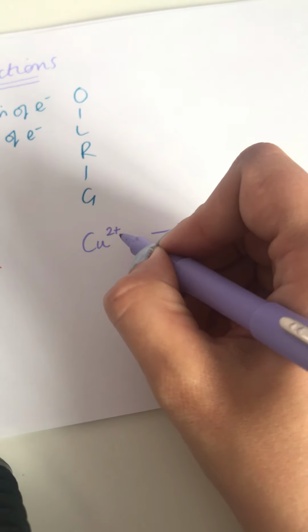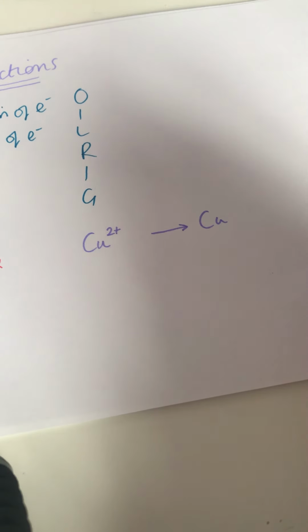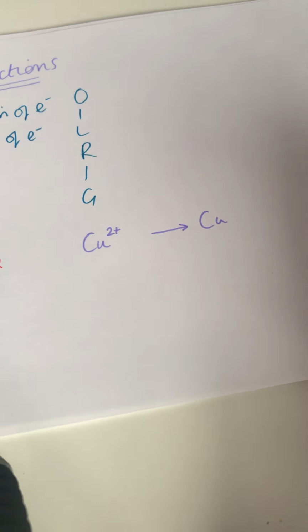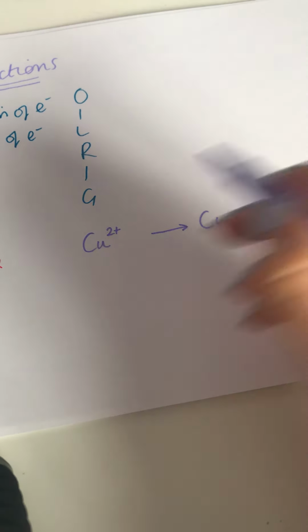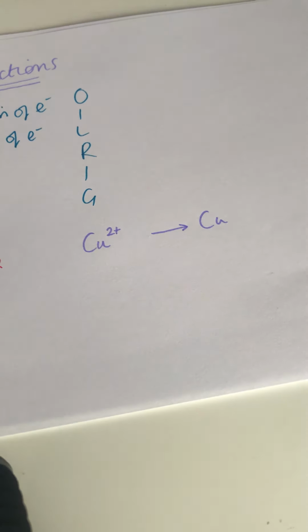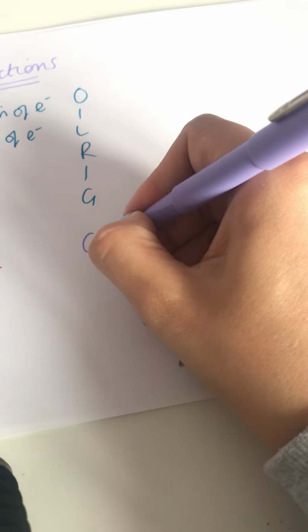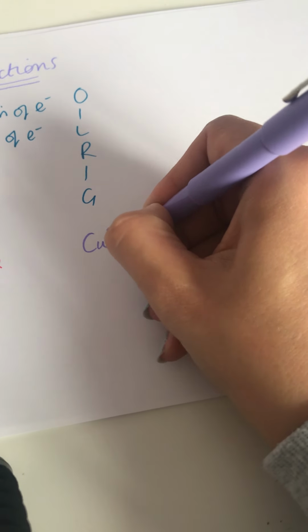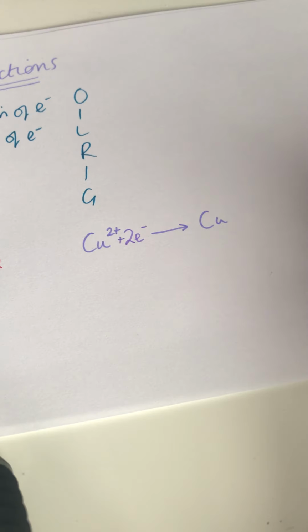So we've gone from a +2 oxidation state to a 0 oxidation state, meaning that the copper has had to gain electrons. Specifically, it's had to gain 2 electrons. This means then that I'm going to put my 2 electrons on the left-hand side with my reactants.